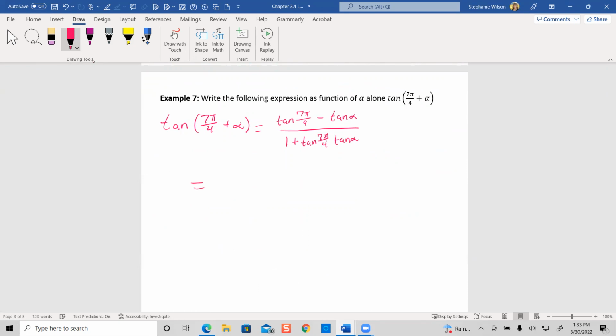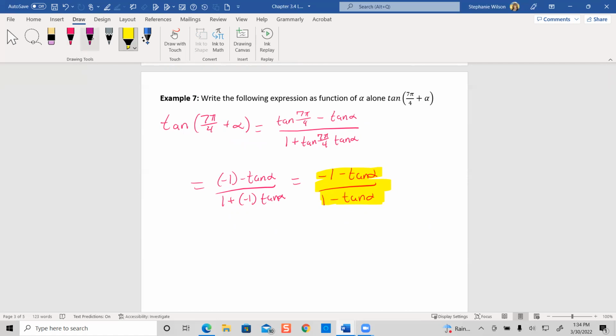So tangent 7 pi over 4 is going to be a -1. So now I have this, and I'm just going to clean it up a little bit. All right. So what happens here? This is my final answer. Right here is my final answer.